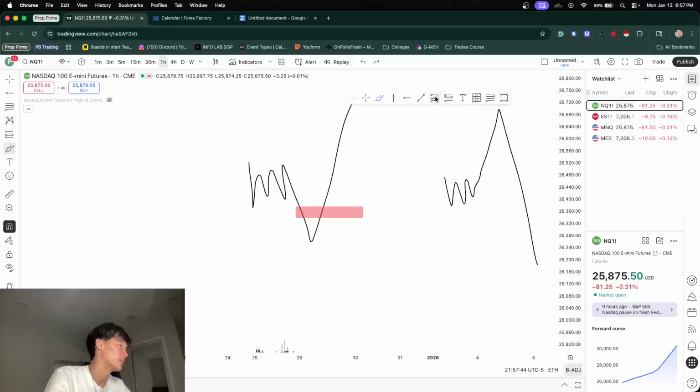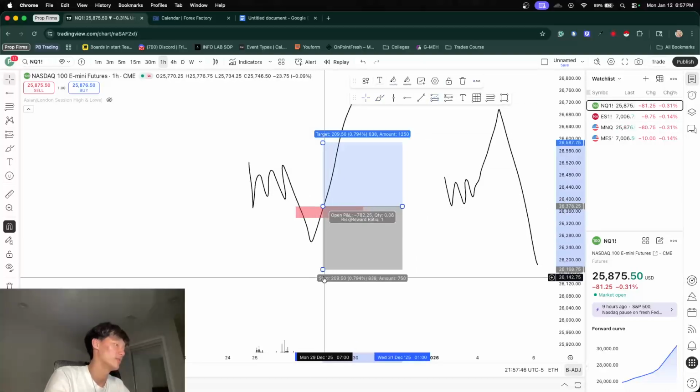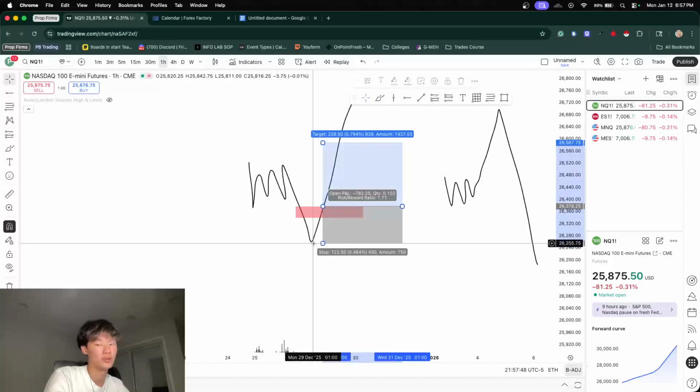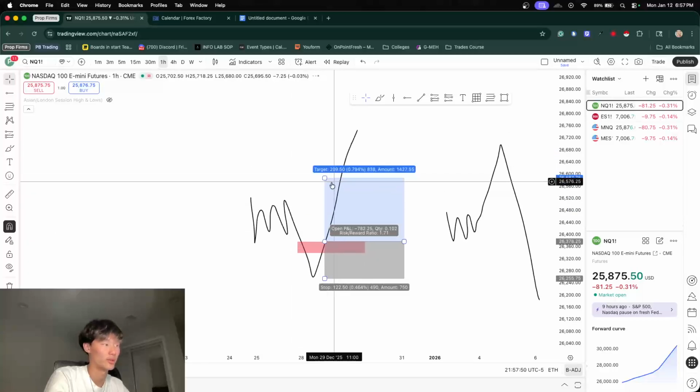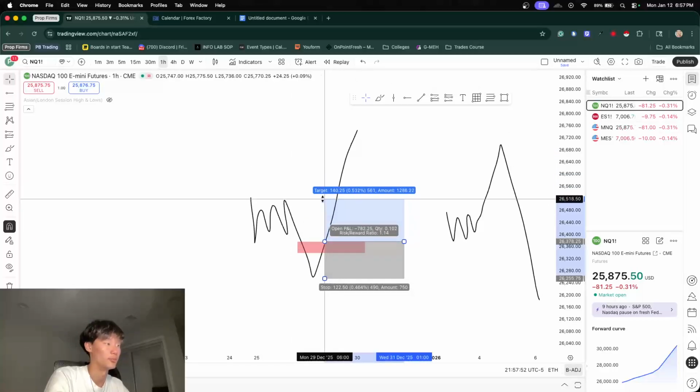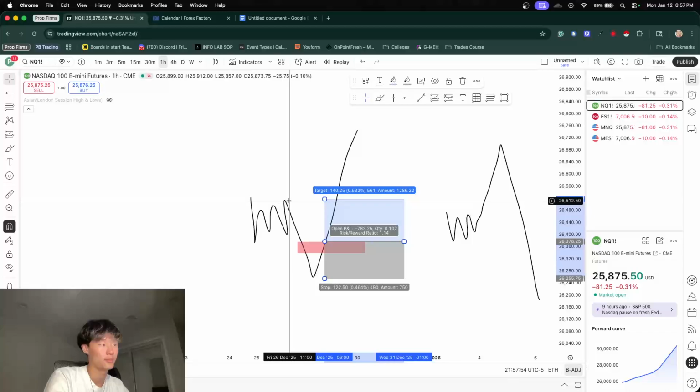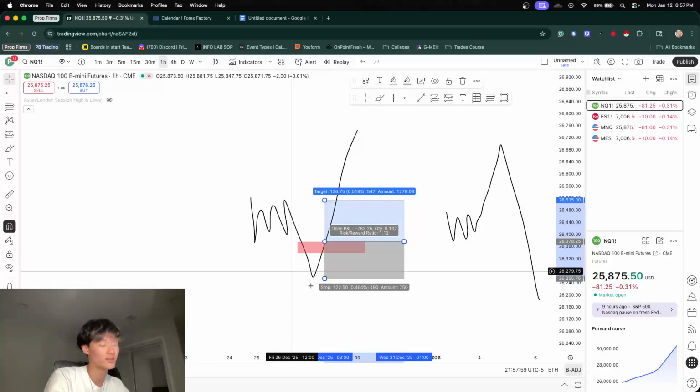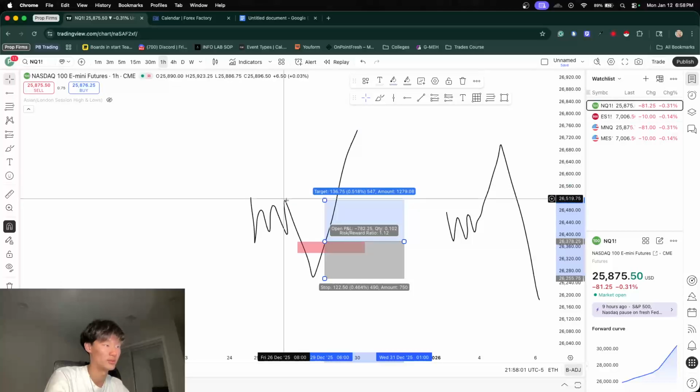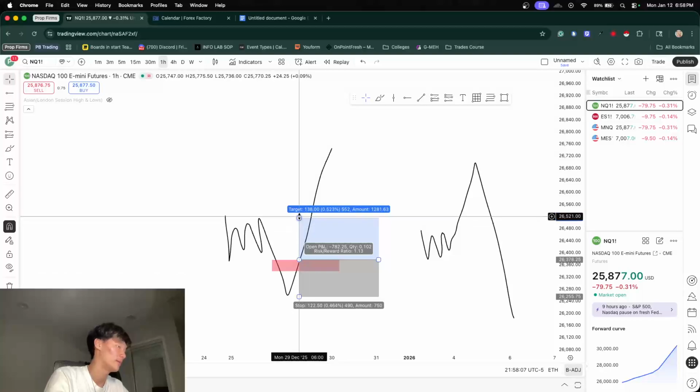So for example, if I enter off of here, stop loss will be at the manipulation leg swing low or swing high, and your first take profit will be the most recent high or low. Not the manipulation leg high or low, but the previous highs and lows that are unfilled or not swept yet.